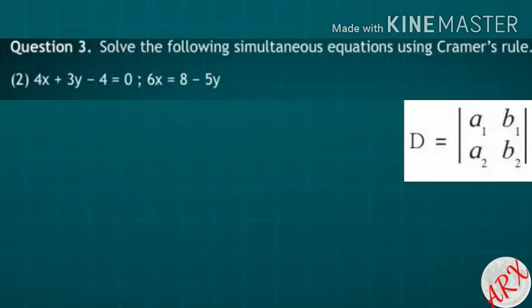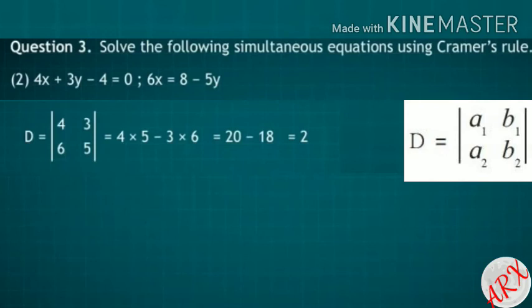Now we will take determinant D, a1, b1, a2, b2. After putting values, we will get 4, 3, 6, 5. After simplification, we get 4 into 5 minus 3 into 6 equal to 20 minus 18 equal to 2.